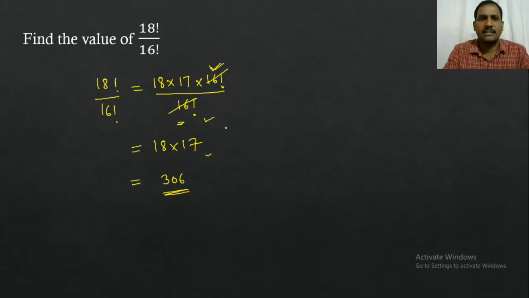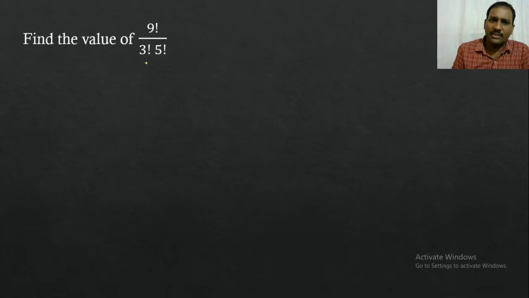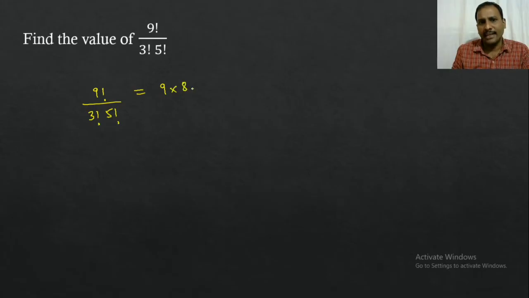Next, find the value of 9 factorial by 3 factorial into 5 factorial. Now 9 factorial can be written as 9 into 8 into 7 into 6 into 5 factorial. I am stopping here.